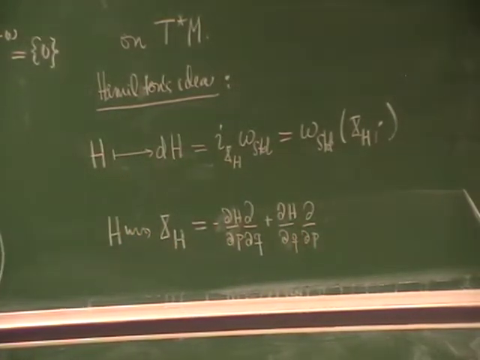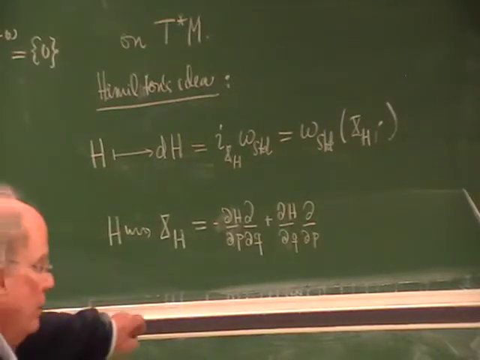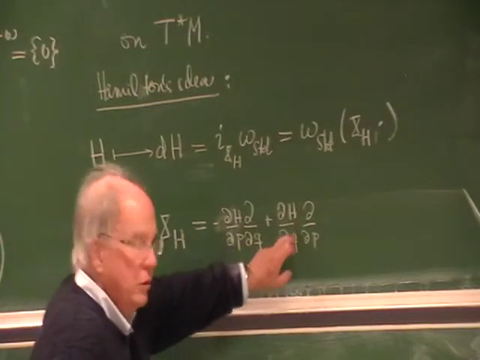Did I get it right? I hope I get this vector field over here. Check with me on that. The vector field over here is, right? So the integral curve of this vector field would be q dot equals plus or minus dH/dp, minus dH/dp and p dot equals dH/dq.